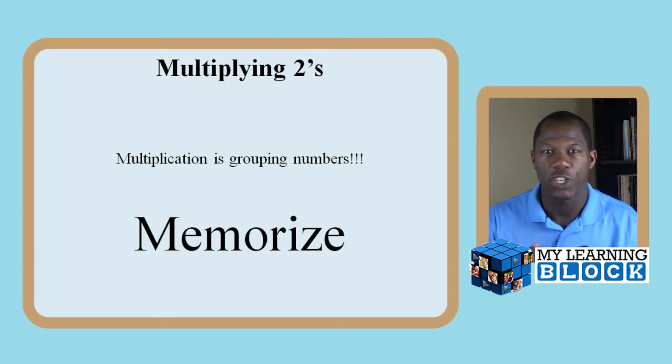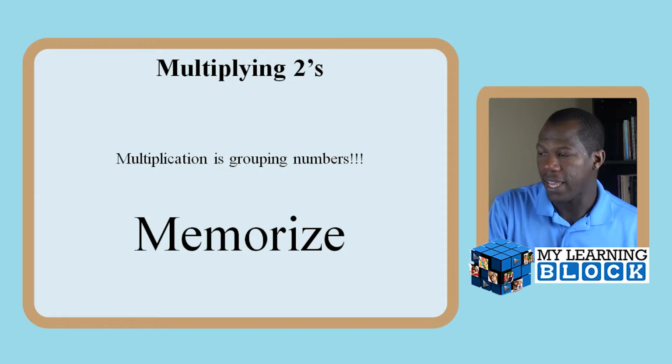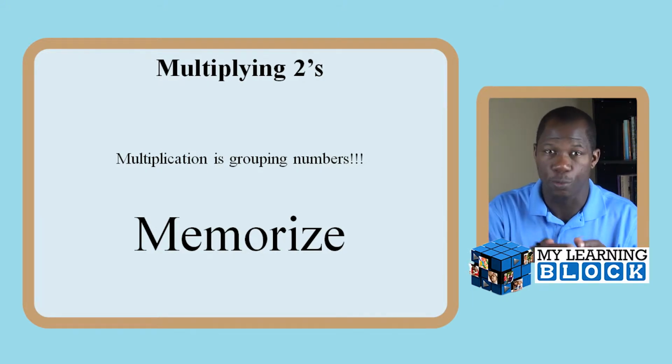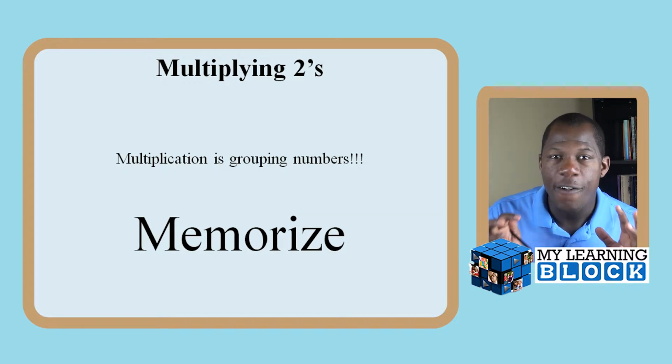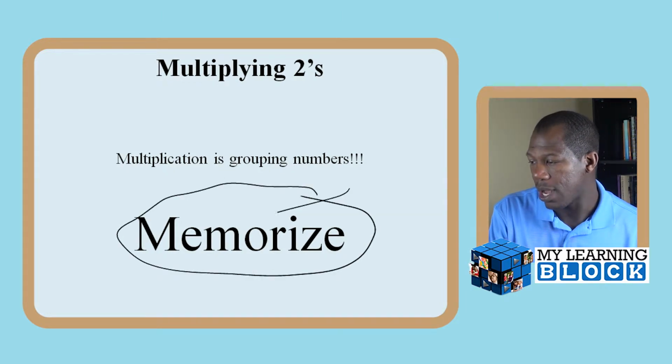It's time to learn how to multiply by 2's. All right, you've heard me say it time and time again, and I want to say it again the same way I do every time. When it comes down to multiplication, the grouping of numbers, the repeated addition, never, ever try to just get your child to memorize.